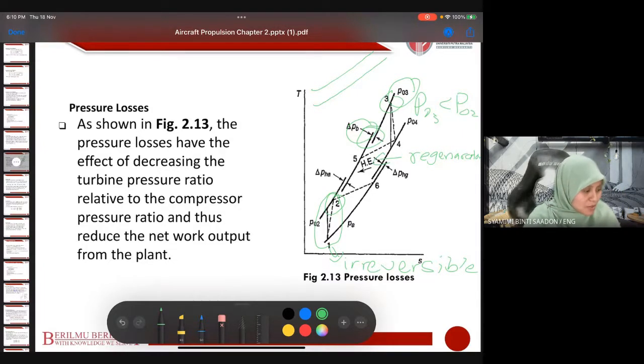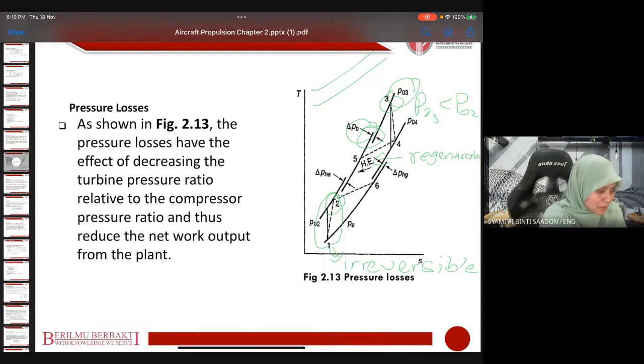This is an example of pressure loss in the combustion chamber, and thus the effect of decreasing the turbine pressure ratio relative to the compressor pressure ratio, and thus reducing the net work output from the plant. So if the total pressure at point 3, state 3, means exiting the combustion chamber.